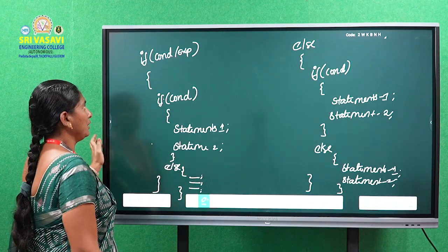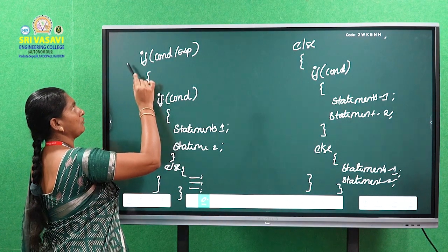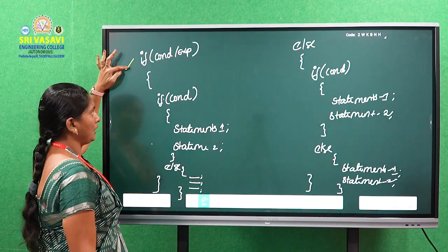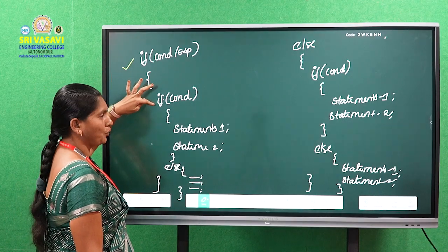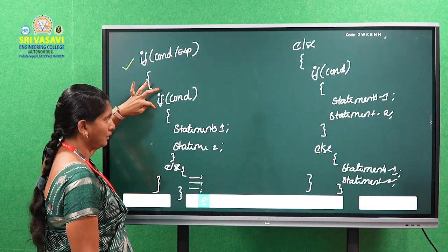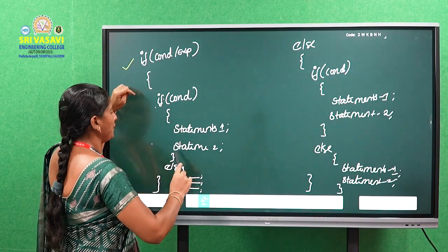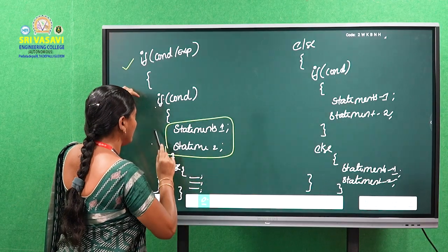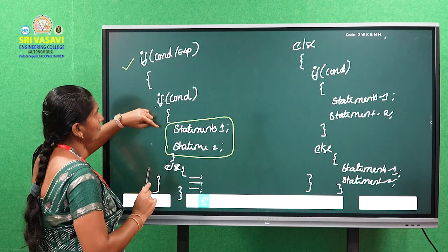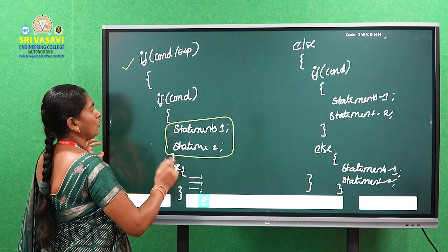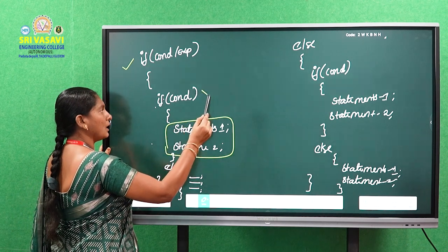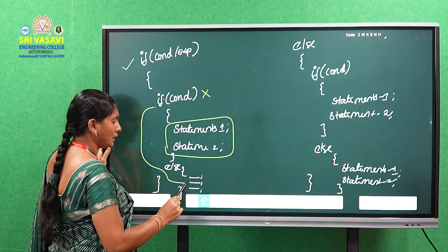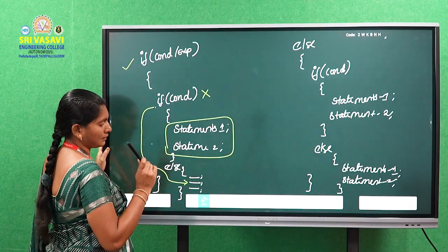So what we are doing here: initially I am checking one condition. Based on that condition, again I am going for another condition. If these two conditions are true, the statements inside this inner if will be executed. If this condition fails, then the compiler will execute the statements in else.